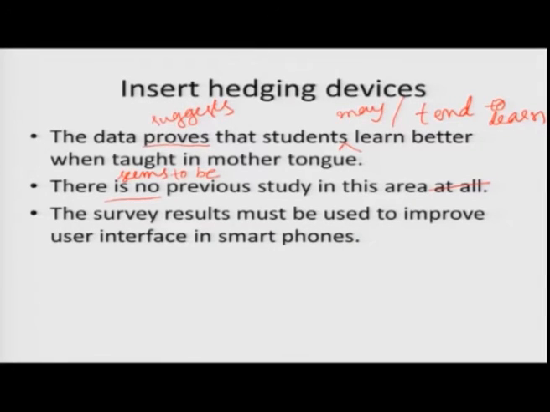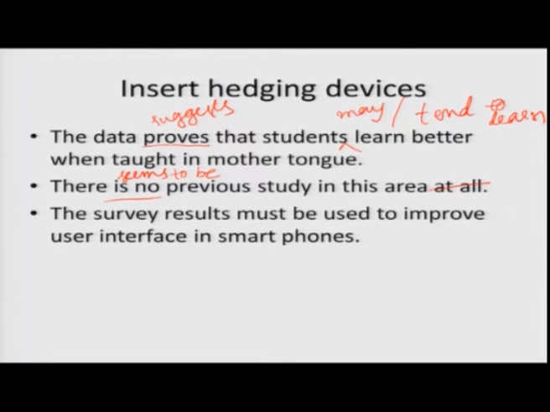Look at the third one. The survey results must be used to improve user interface in smartphones. So, you have conducted a survey and on the basis of that you are arguing about improving user interface in smartphones.